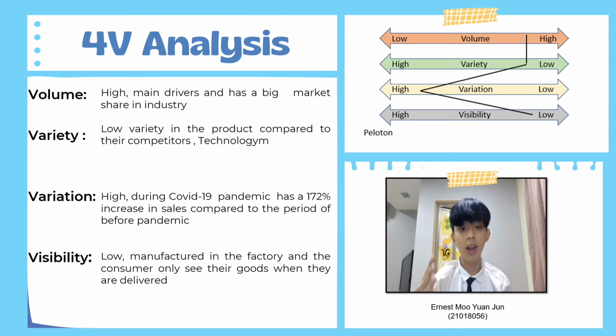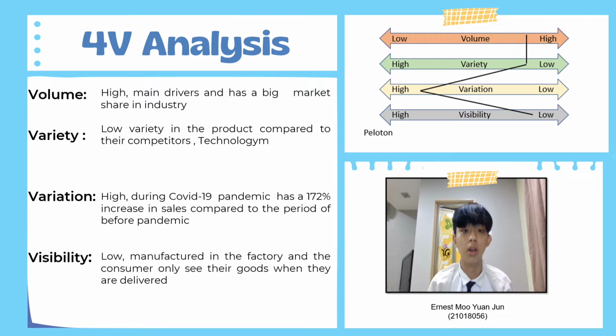In 4V analysis, it includes volume, variety, variation, and visibility. First, Peloton has a high volume of production. Peloton is one of the main drivers and has a big market share in the fitness equipment industry. It shows Peloton has a high volume in production to specifically handle consumer demand. Secondly, Peloton has a low variety in its products compared to its competitors in the fitness equipment industry.